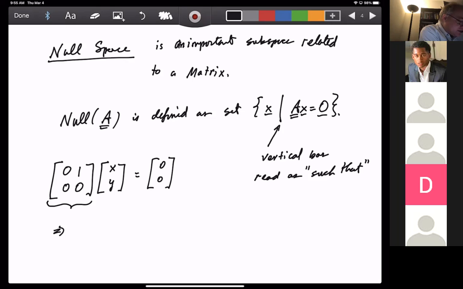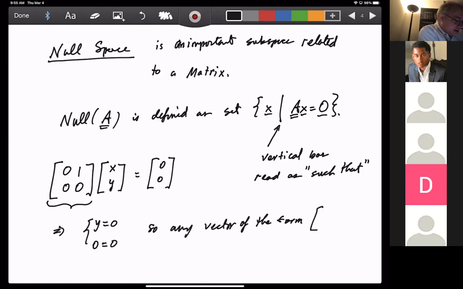So 0 times x plus y is equal to 0, and 0 times x plus 0 times y is equal to 0. So any vector of the form, notice that any x works, but the y entry has to be 0. So any vector of this form is going to be in the null space of this matrix with entries 0, 1, 0, 0.